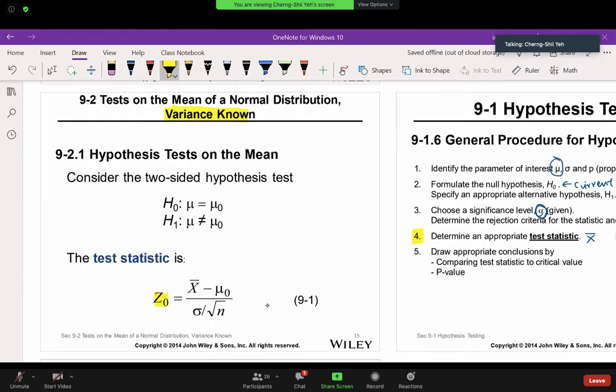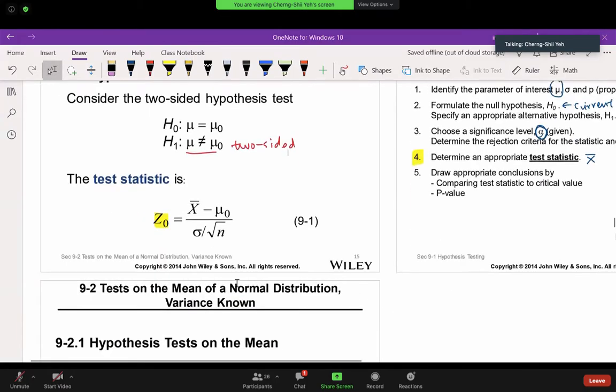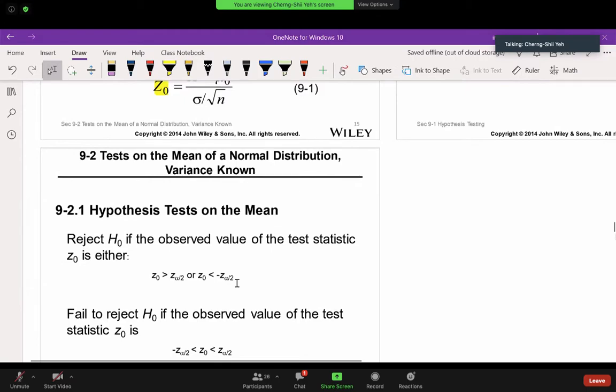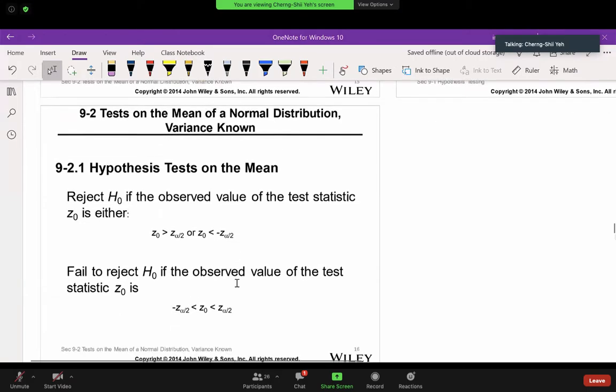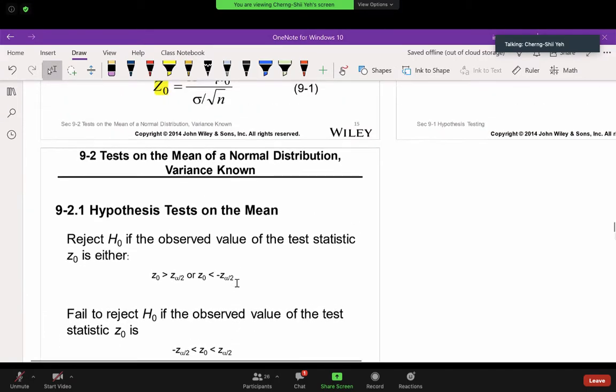They've set up the alternative hypothesis as a 2-sided hypothesis testing. Okay, so this is a 2-sided. So in my step 3, there's going to be 2 critical values and 2 rejection criteria. So I'm going to sketch it. This is a Z distribution.